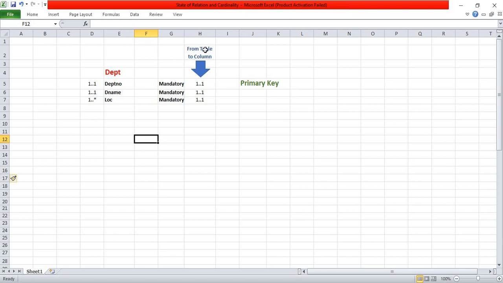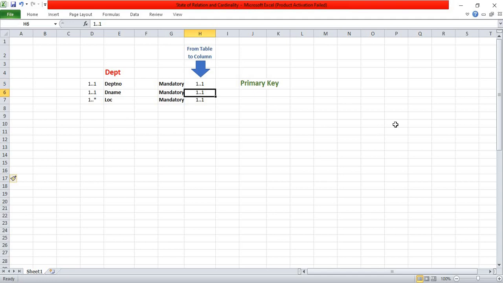When I'm talking about department from table to column, every department should have one department number or many department numbers? One department number, right? That is why the cardinality is 1 to 1. One department, one department number.